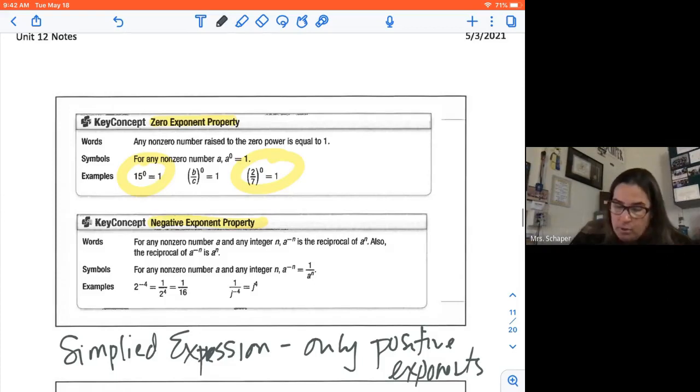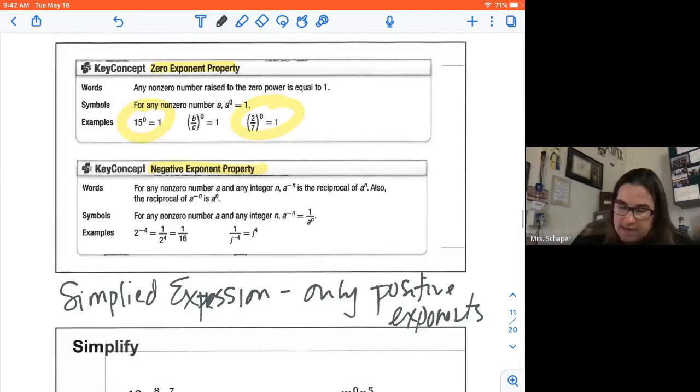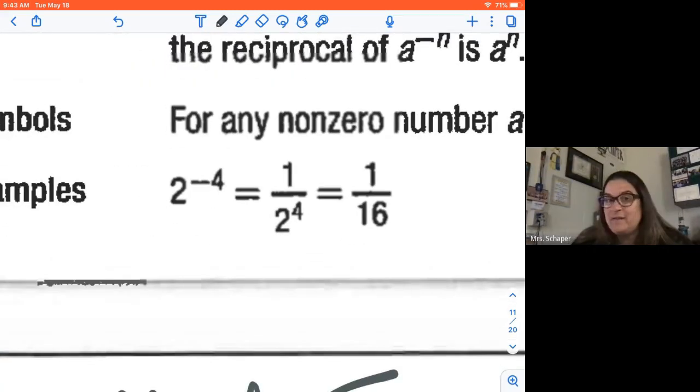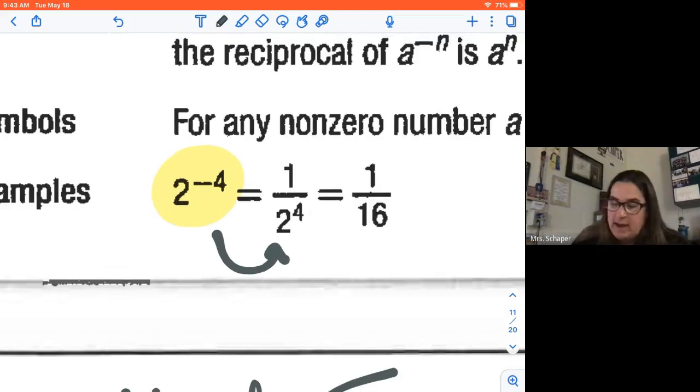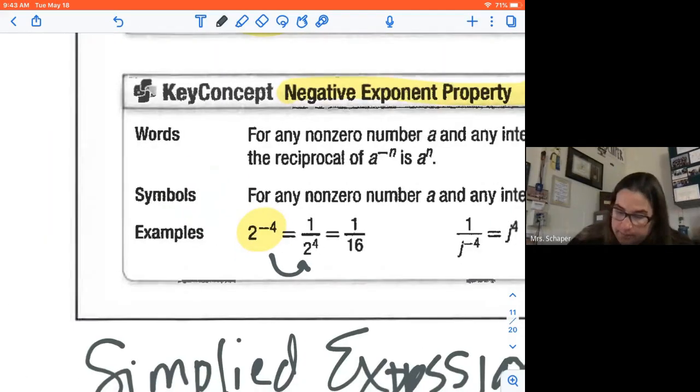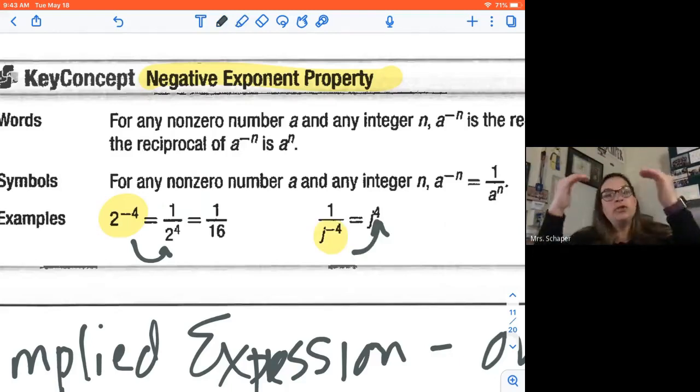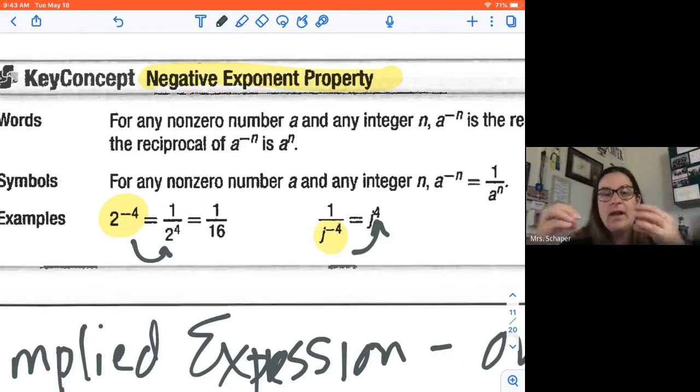So when we're looking at those, if you take a peek here, and this isn't really super scientific, it's just kind of working through it. If you have a negative exponent and you move it to the denominator, it makes the exponent positive. If you have a negative exponent in the denominator, if you move it to the numerator, it makes it positive. So if you switch the location within the fraction, it changes the exponent to positive.